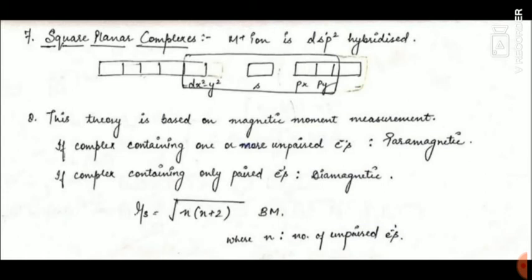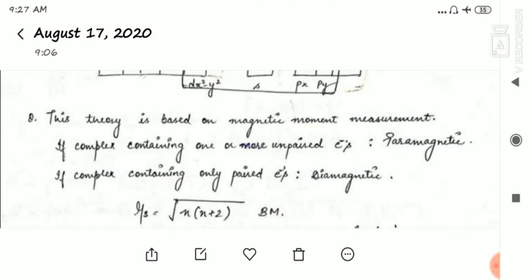Number 1: if a complex contains one or more unpaired electrons, the situation is paramagnetic. I am repeating: if a complex contains one or more unpaired electrons in d orbitals, meaning vacant orbitals are present, it is paramagnetic, and a complex containing only paired electrons is diamagnetic.